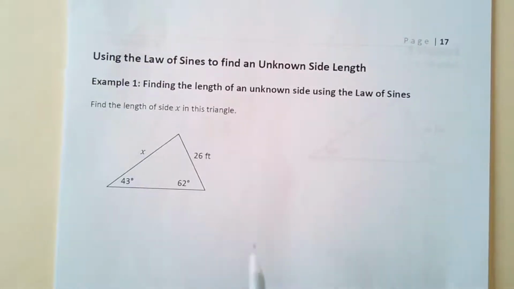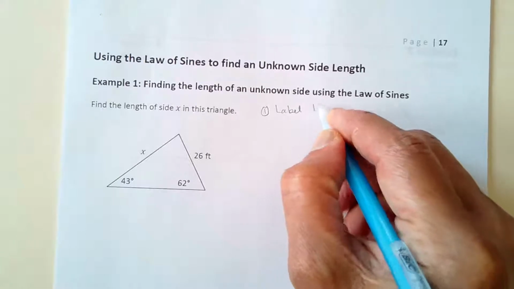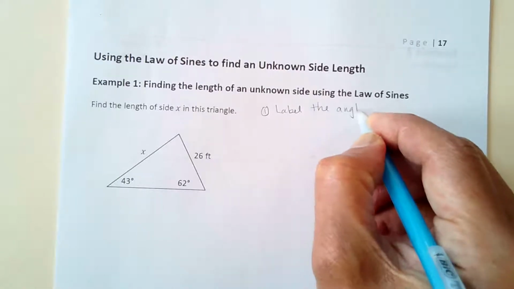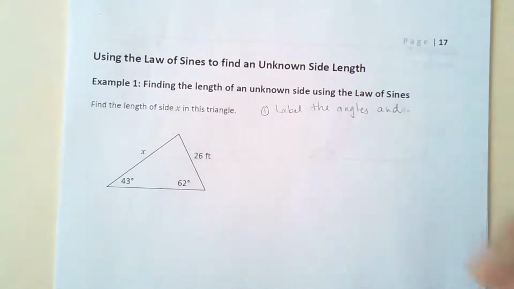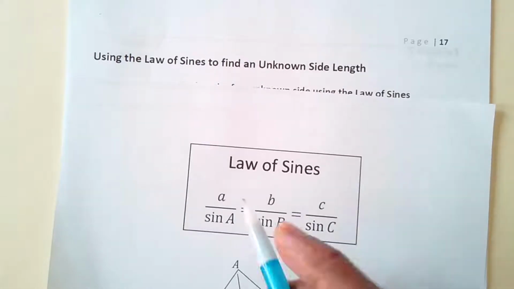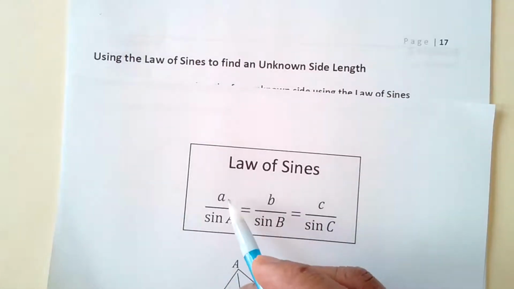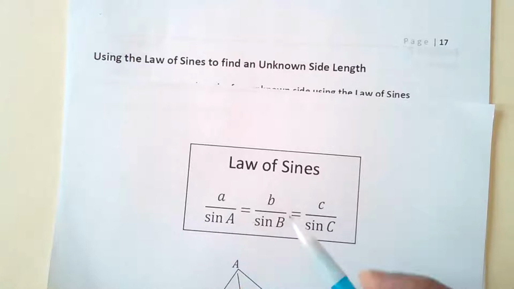Step one, we label the triangle, labeling the angles and the sides. One hint: whenever I'm labeling, I always try to list what I'm finding as A, either the side or the angle.